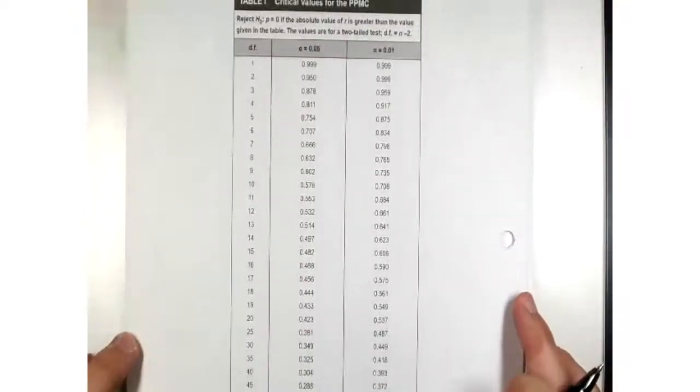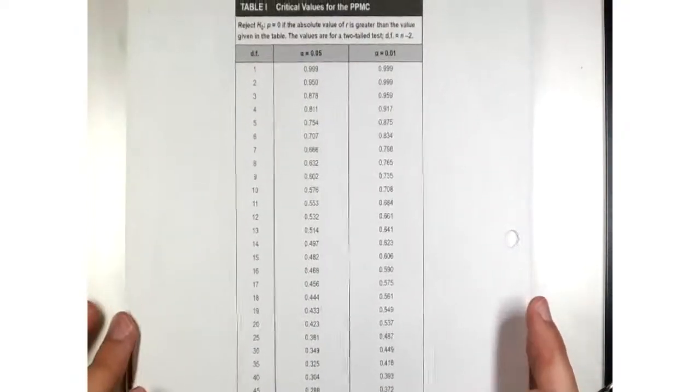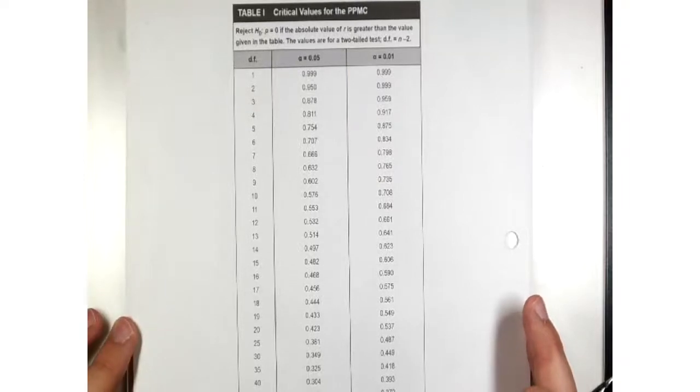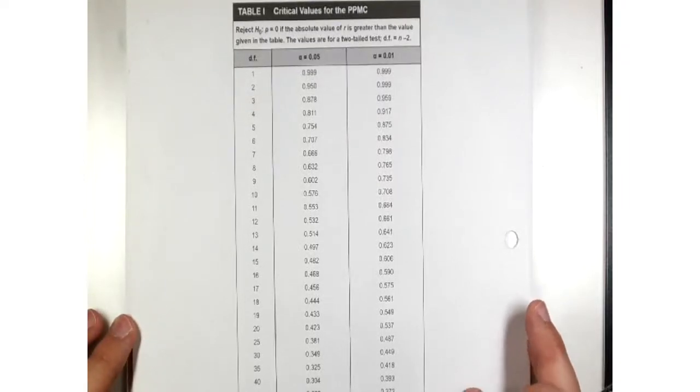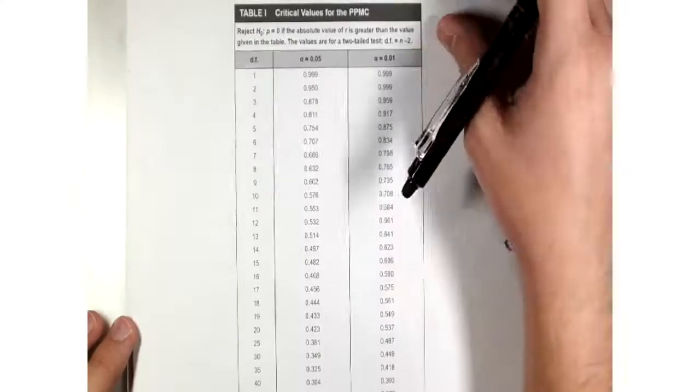So we can do another approach here. We can use table I in your little packet booklet, or whatever it's called, the last page. Yeah, it's table I, and it says critical values for PPCM. I don't know what PPCM means. I'm assuming Pearson something. So that's where we're going to find these critical values.